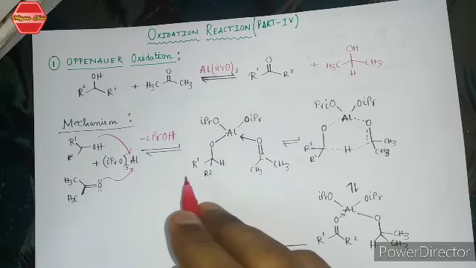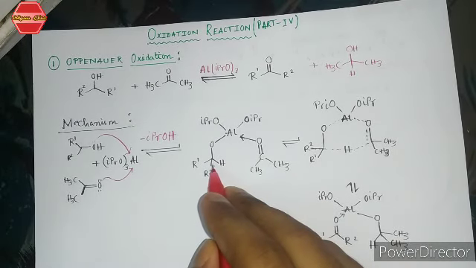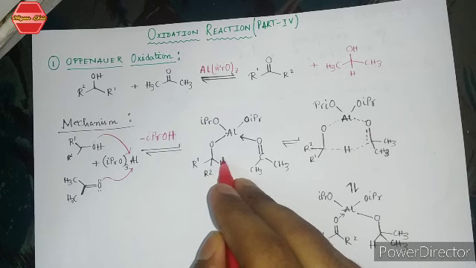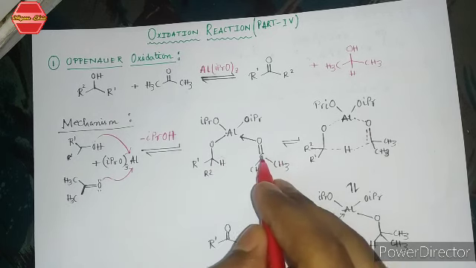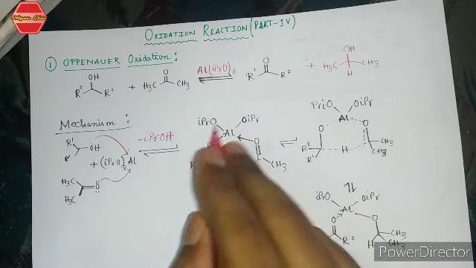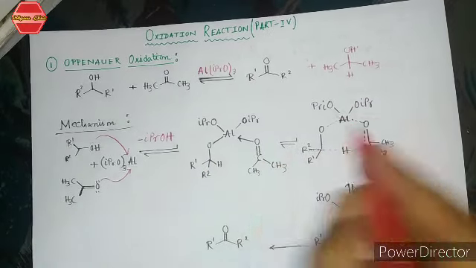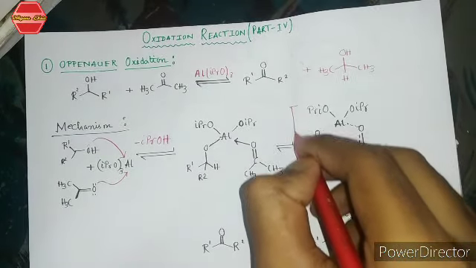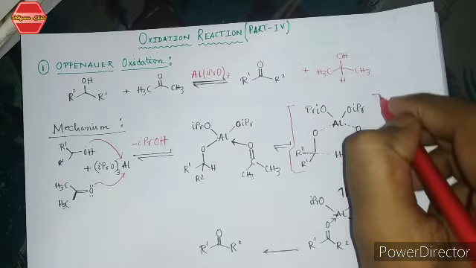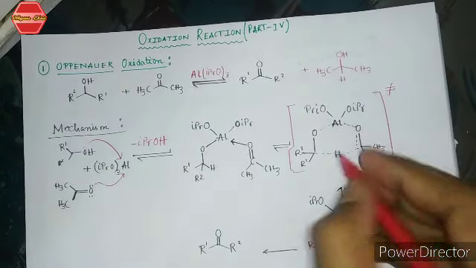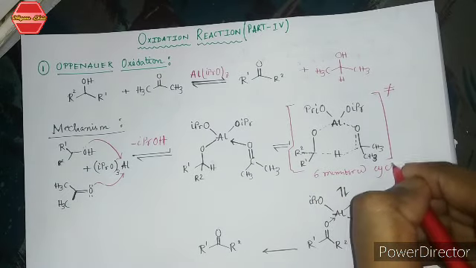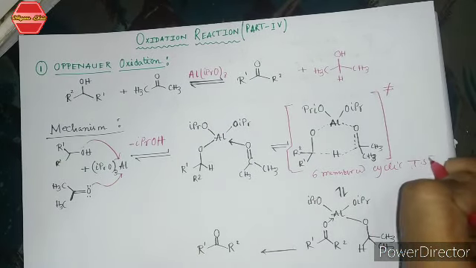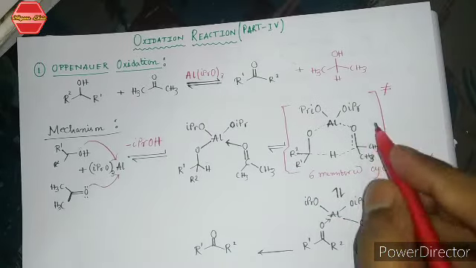Now an important thing is the shifting of hydride: hydride is transferred from this alcohol to the acetone, and there is a formation of a 6-membered cyclic transition state, this one. This is very important.